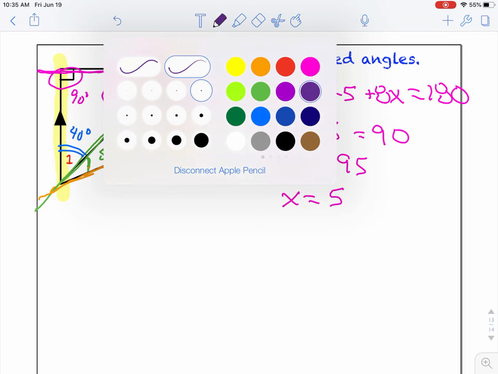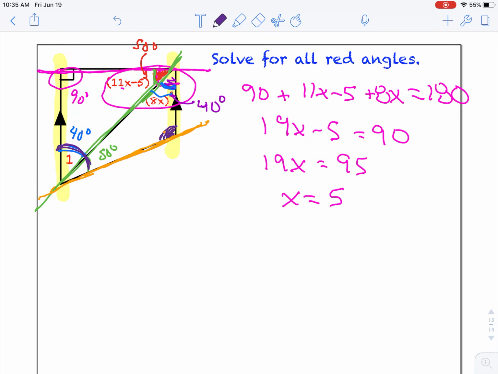And so that purple angle right there and this angle right here, these two combined, are also consecutive interior angles. So that purple angle, we'll call it X for right now, just so you can see it. So X plus 40 plus 50 has to equal 180. So this is 90.